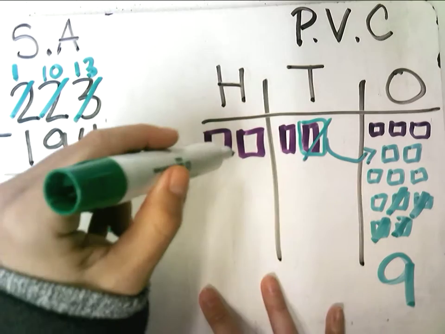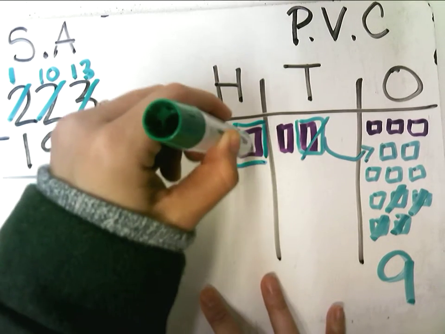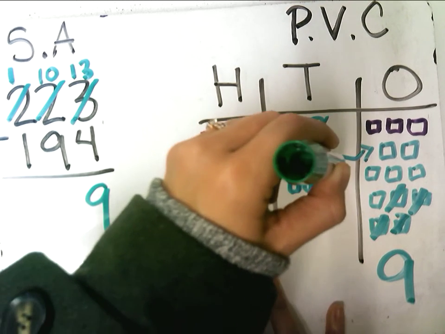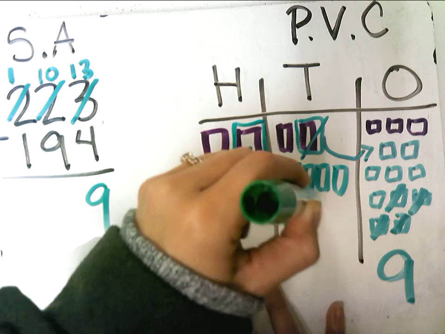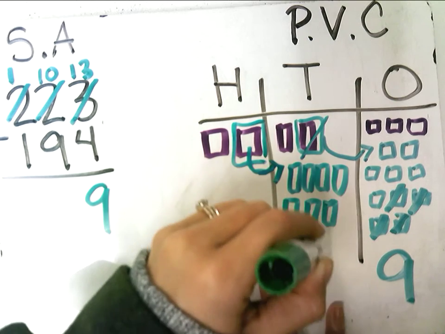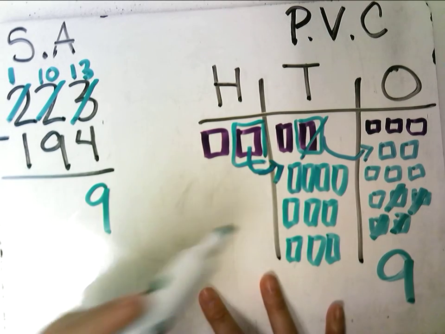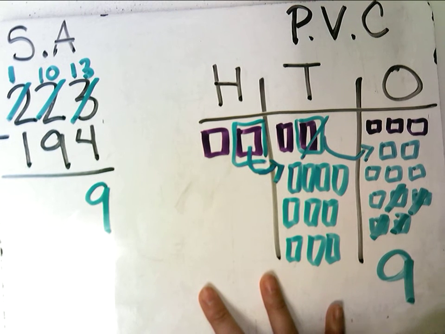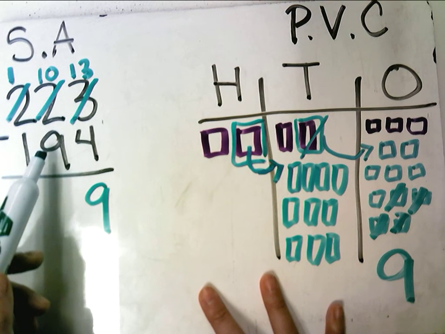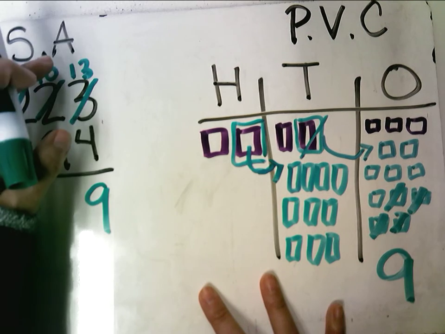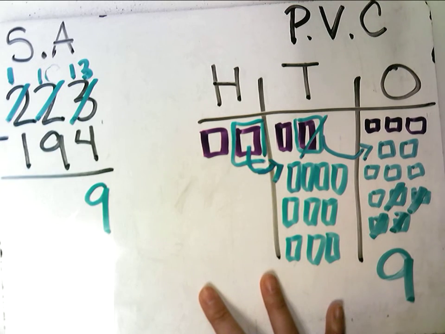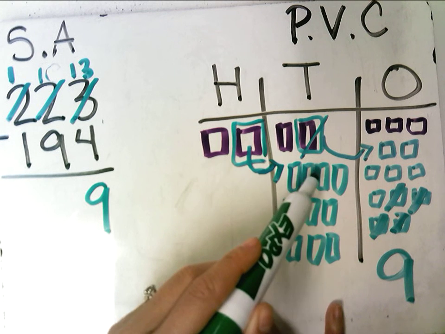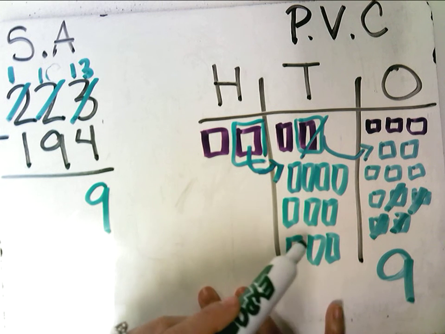So over here, I'm going to take one of these hundreds and unbundle it in our tens column. 1, 2, 3, 4, 5, 6, 7, 8, 9, 10. Here's 10 tens, and we unbundled it from our 1 hundred. Now can we take away 9 tens from our 1 ten that we had left? Well, yes, we can, because now we have 11 tens.